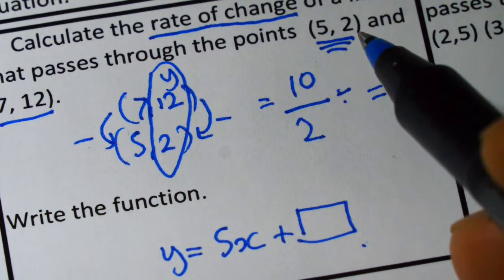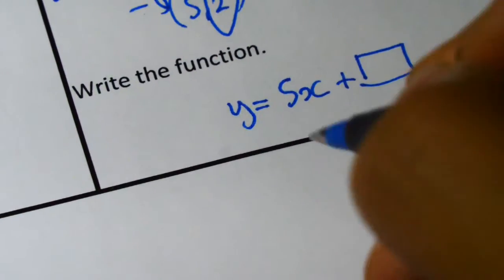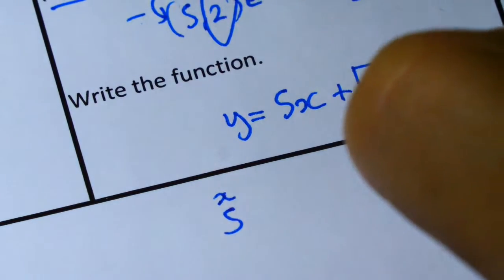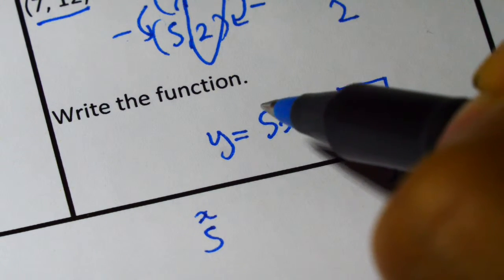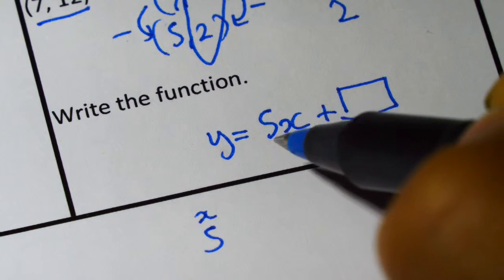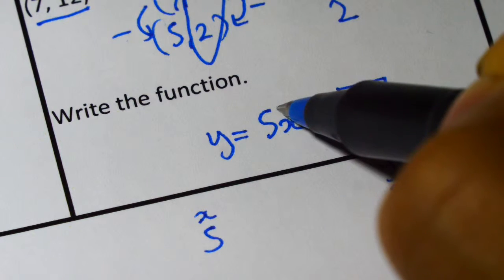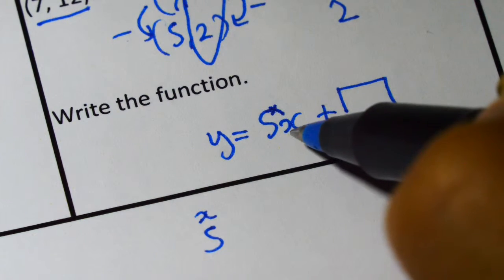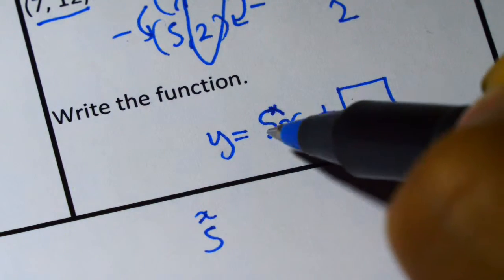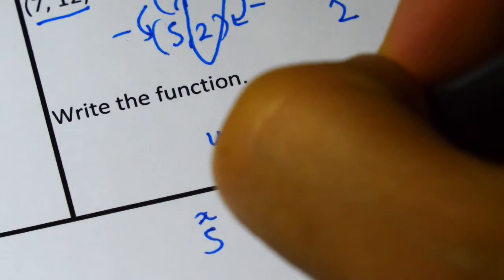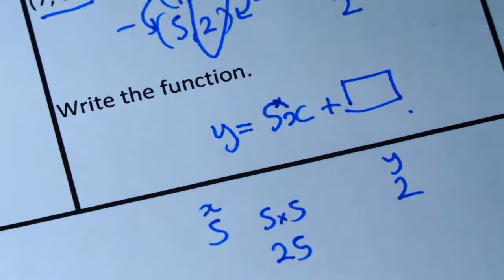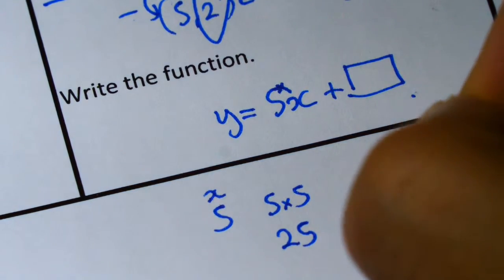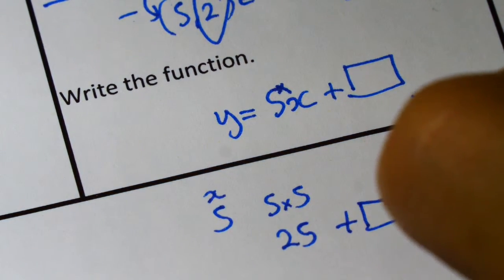So 5, 2, I'm going to write here. X is 5 and y is 2. Now, our equation or our function starts with 5x. 5 times x. X is 5. So 5 times 5, this is 25. Okay? Now 25 plus something must give us 2.